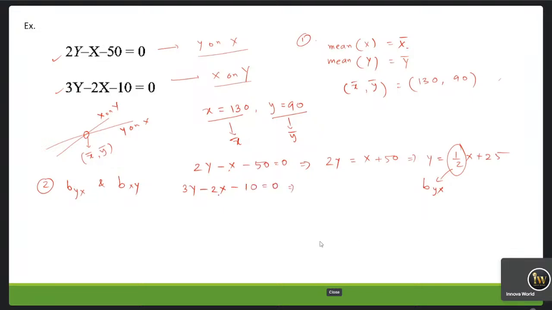If I convert this equation, we get minus 2x is equal to minus 3y plus 10. After multiplying by minus sign and dividing by 2, we get x is equal to 3 by 2 y minus 5. So 3 by 2 is the slope as well as the value of bxy.